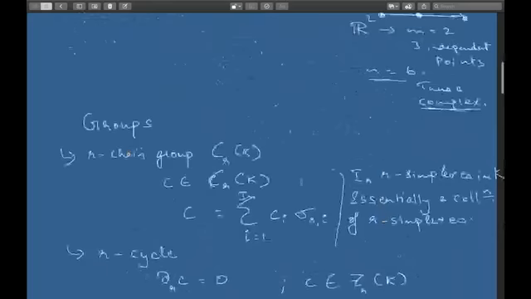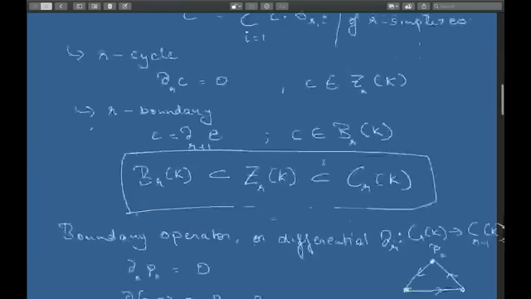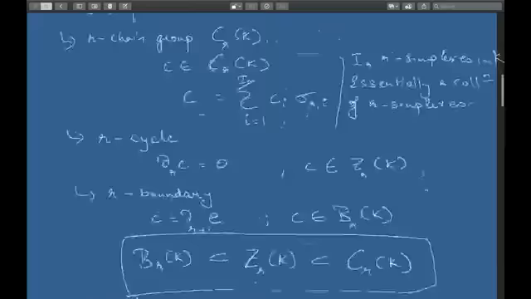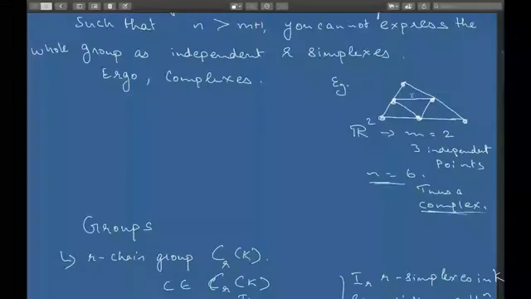So, coming back now, groups. There are three sorts of groups: chain, cycle, boundary. Chain group is nothing but a collection of all the r simplexes. So if you have an r chain, what does an r chain mean?